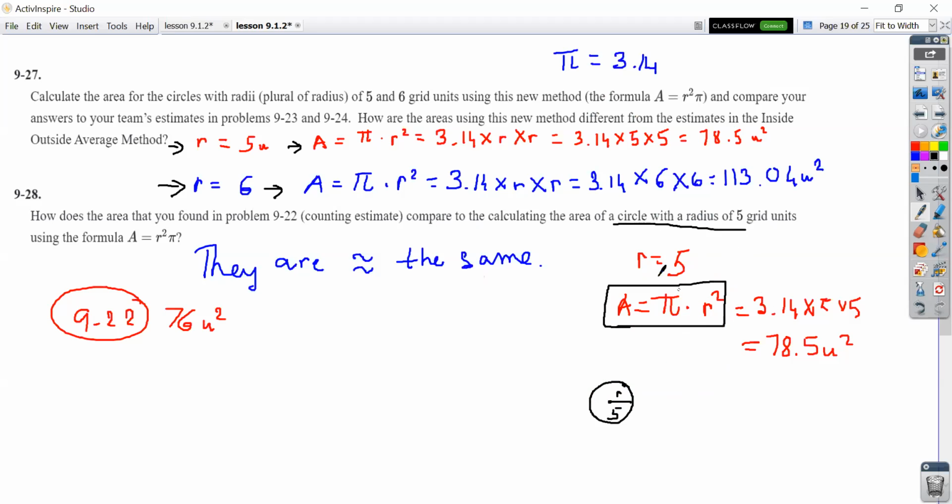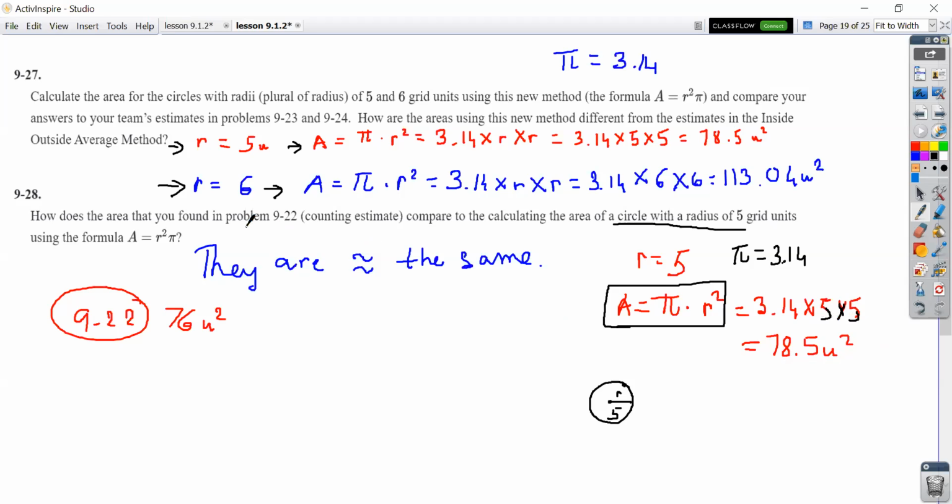You take pi as 3.14, times radius squared, which is 5 squared. You get the answer 78.5 square units.